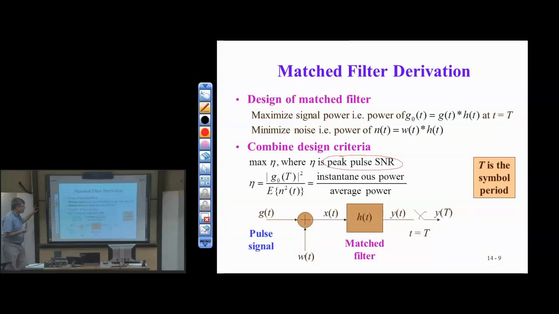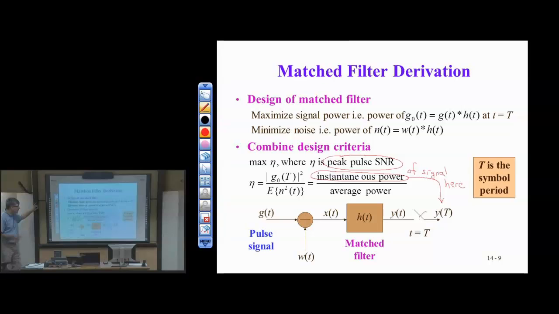The ratio here will be some measure of signal power. And we're going to go after instantaneous power after sampling. So this is the power of the pulse signal that gets all the way through here. Okay, so that's the instantaneous power of the signal at this y sampled at little t equals capital T.